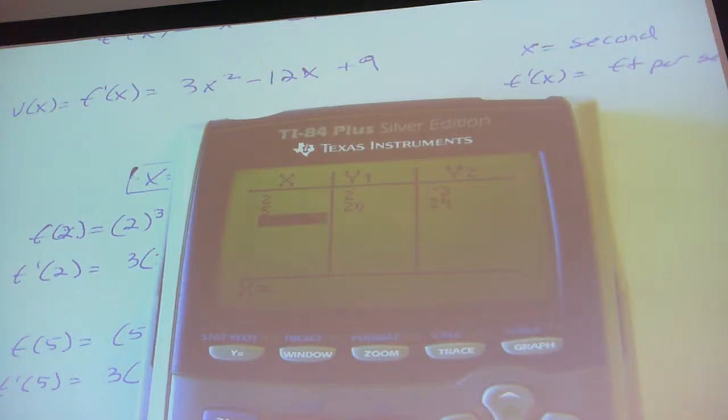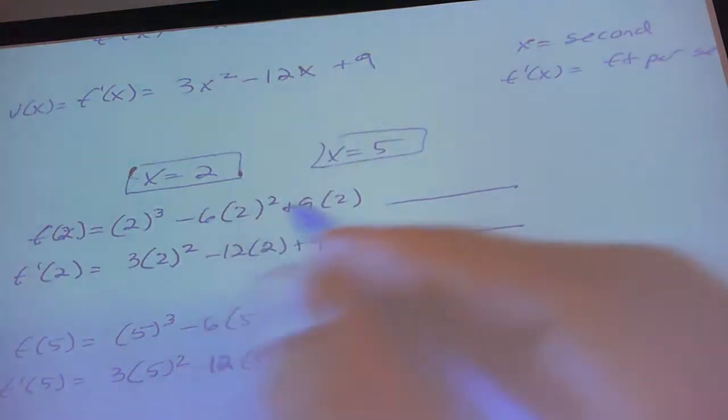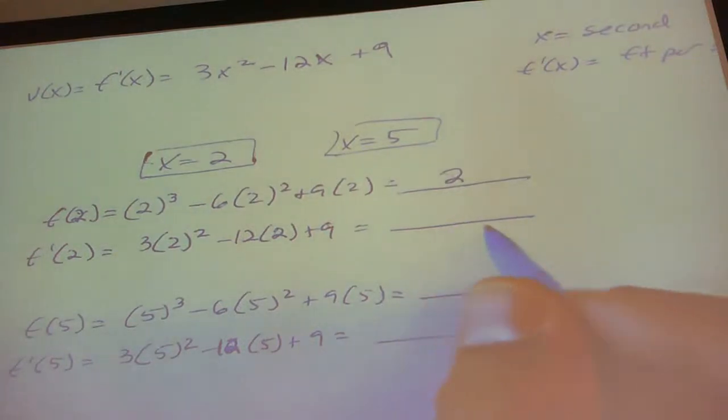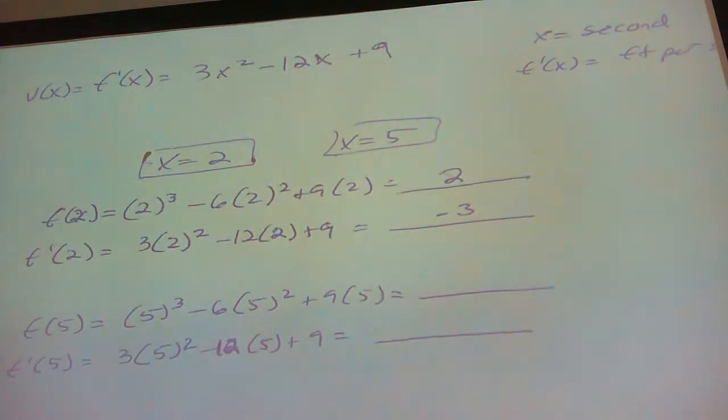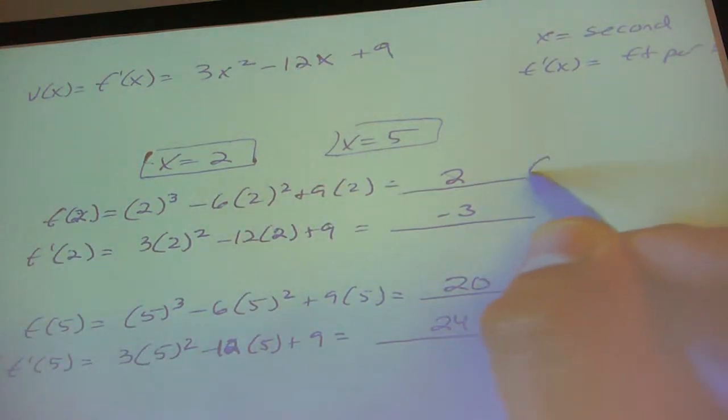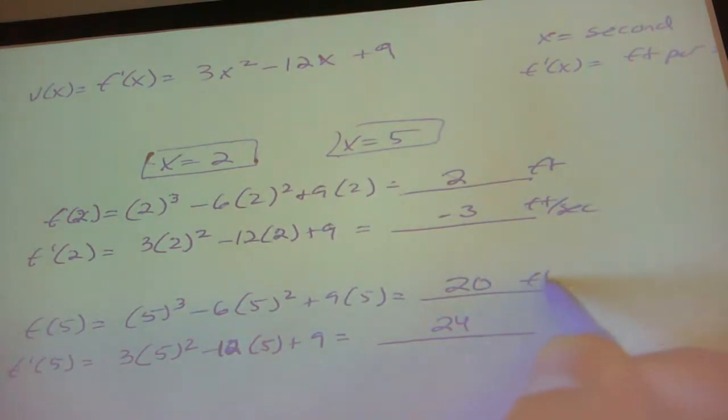Same answers? So when I plug in 2, I get 2 and I get -3. When I plug in 5, I get 20 and I get 24. This tells me feet.